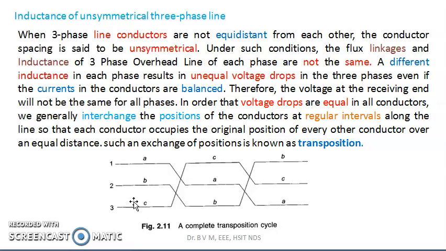This is the flux linkages of conductor A in position 1.